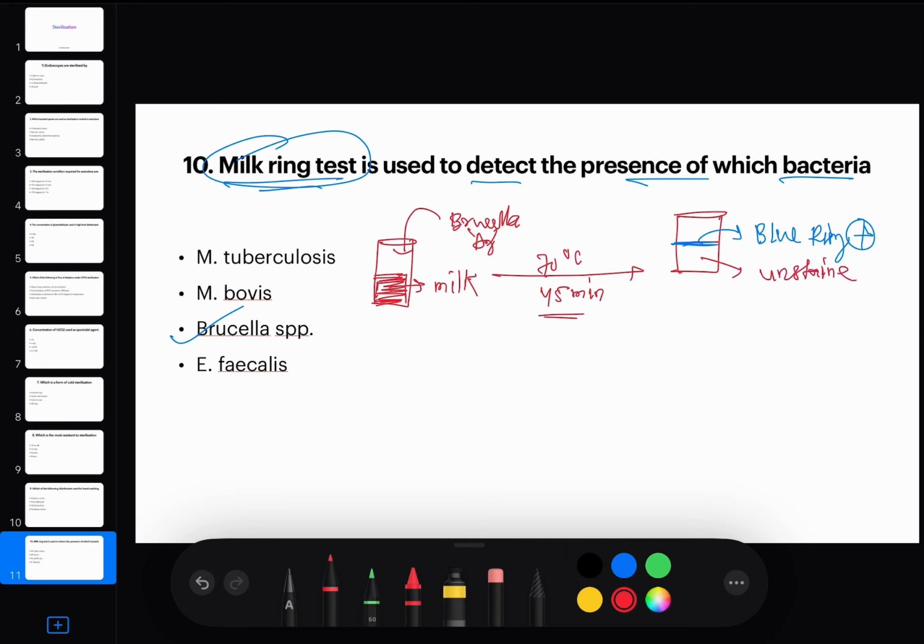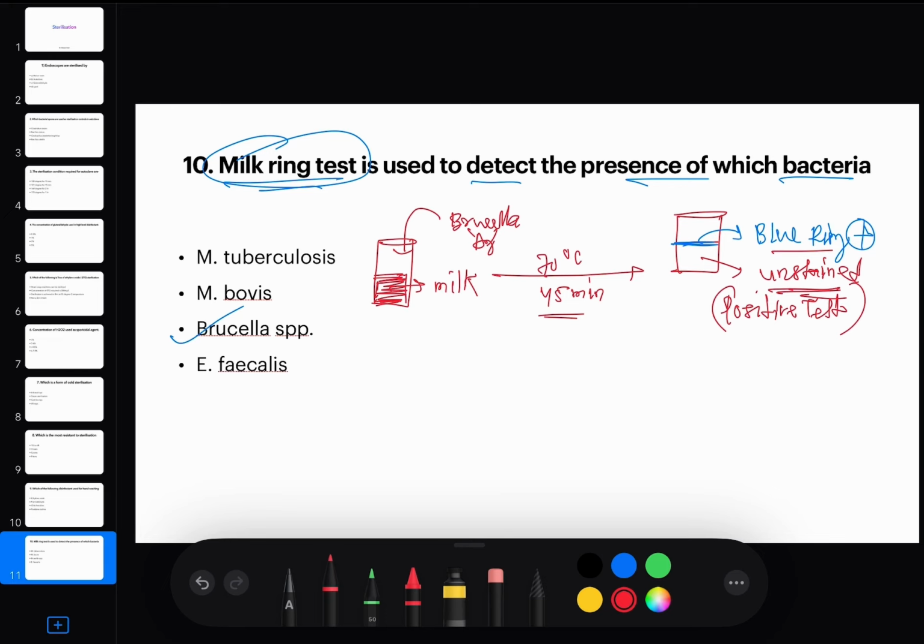This is very important. If we see a blue ring and the other part of the milk is unstained, this is called a positive test. That is, antibody in the milk is present.